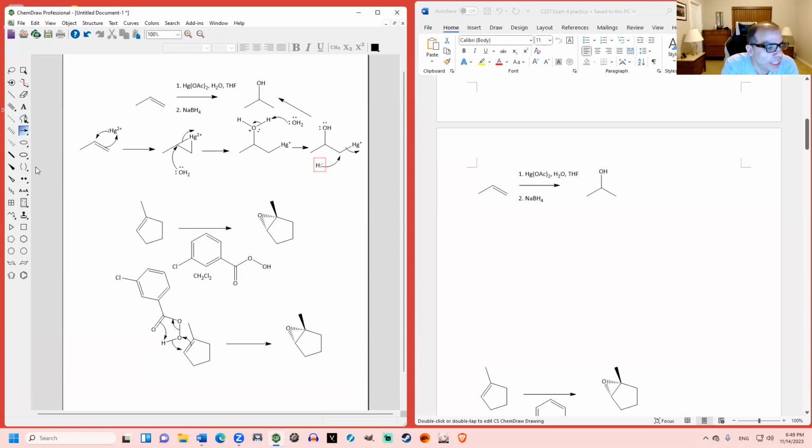But if anyone wants to see how you do get the regular metachlorobenzoic acid, I'll leave all the atoms in exactly the same place. This is the byproduct of the reaction.